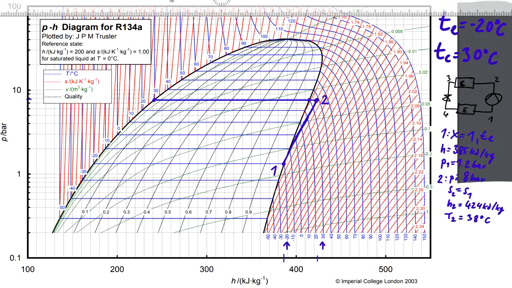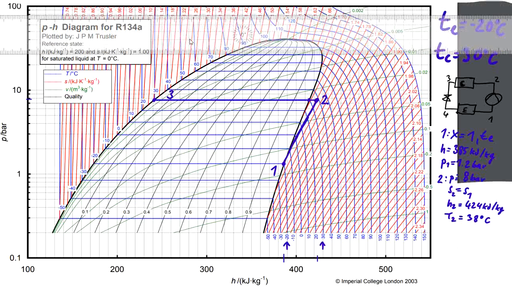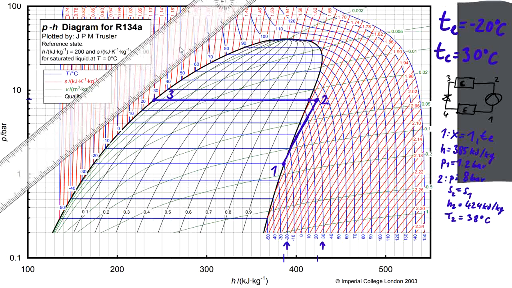So here would be the point 3, and from the point 3 will take place the expansion in the throttling valve to the point 4.